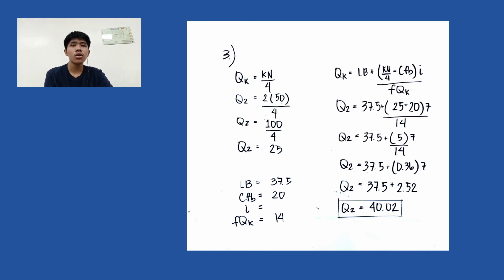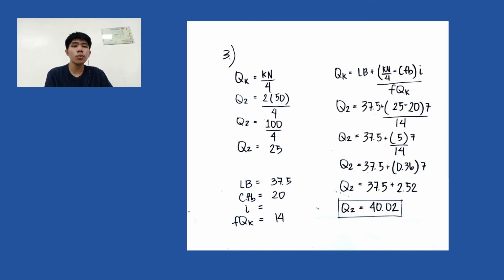After that, we will now solve for our Q sub 2 class. For our formula, Q sub K is equal to LB plus Kn over 4 minus CFB over FQK times I. Substitute: Q sub 2 is equal to 37.5 plus 25 minus 20 over 14 times 7.